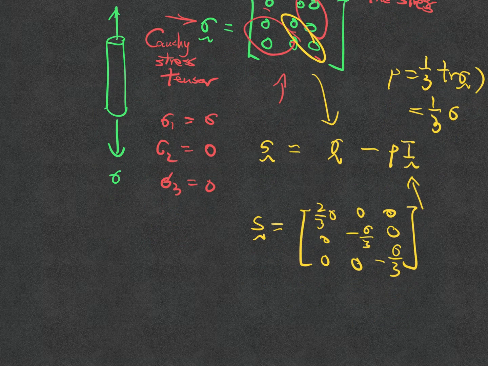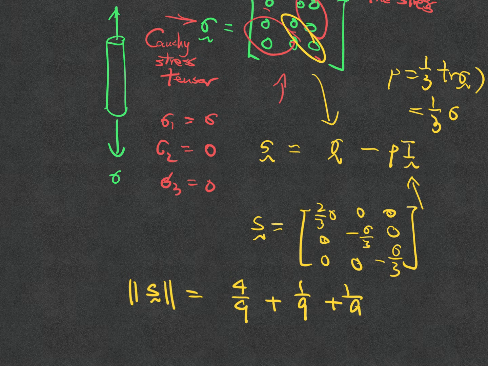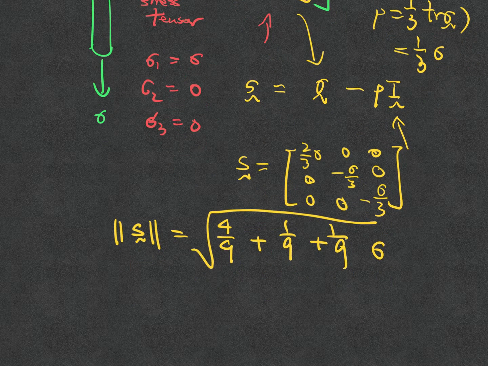Okay, so then this is what I get. Now I'm going to compute the matrix norm of the stress, but I only have diagonal terms. So if I do this, I have 2 divided by 3 squared, equal to 4 divided by 9, plus 1 divided by 3 squared, which is 1 divided by 9, plus 1 divided by 9, times the stress.